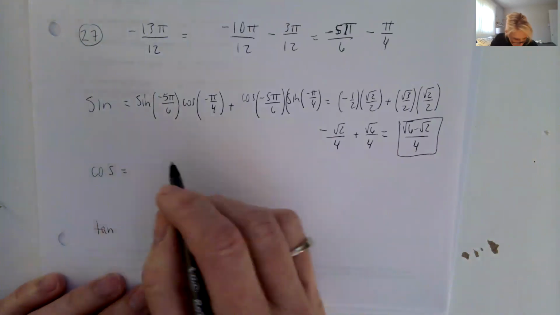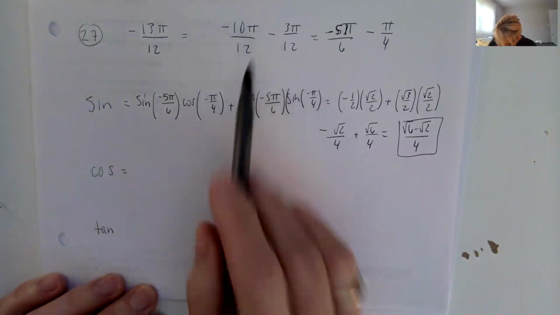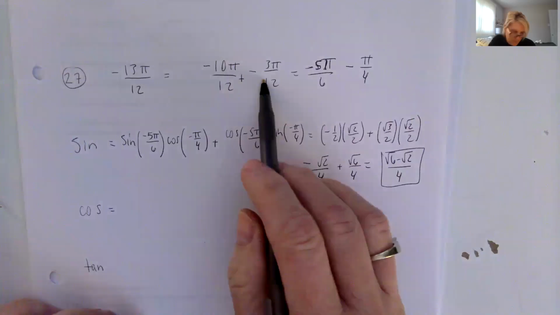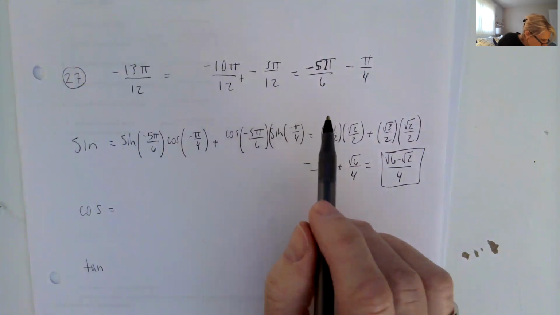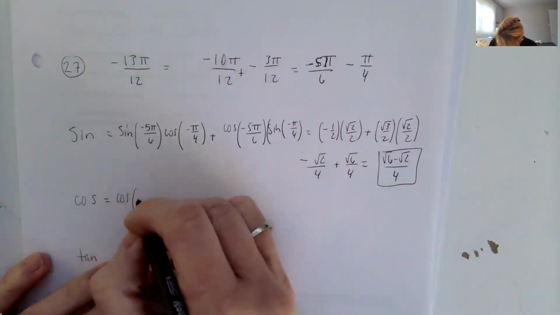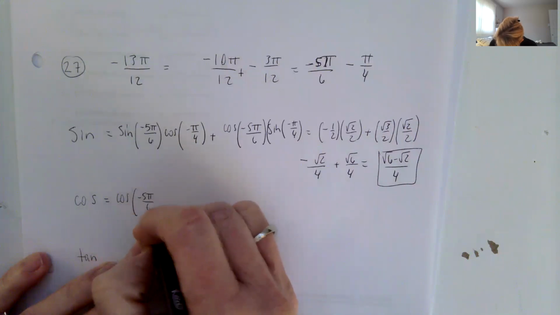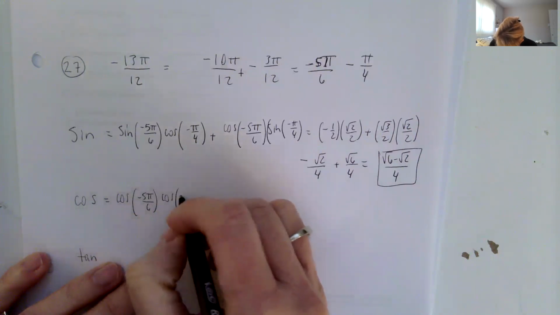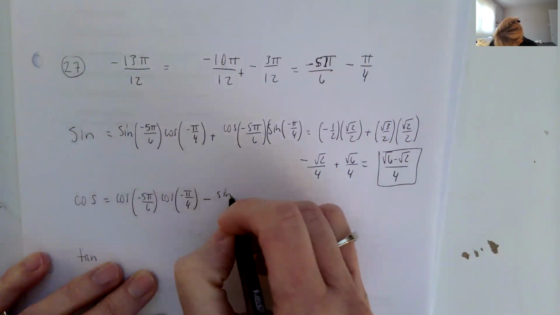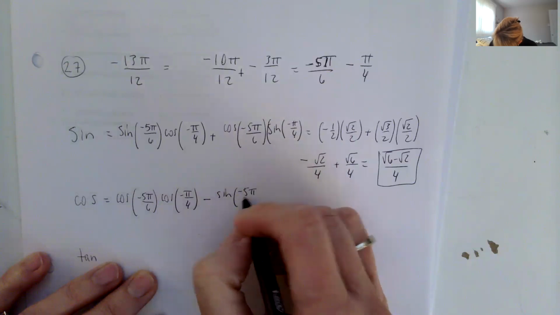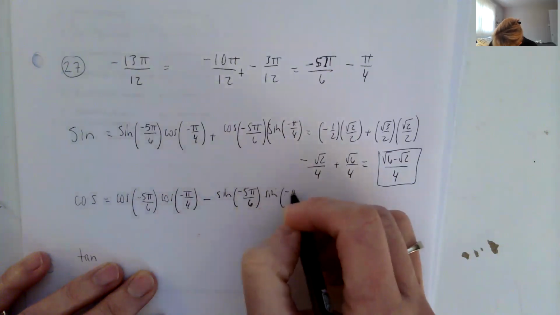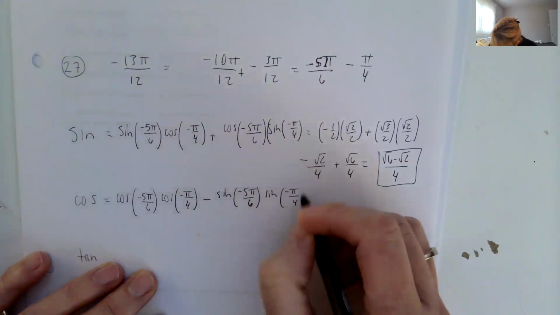Cosine then, it's a sum. And so this is going to be cosine A. So cosine of a negative 5 pi over 6 times cosine of a negative pi over 4, subtracting sine of a negative 5 pi over 6 times sine of a negative pi over 4.